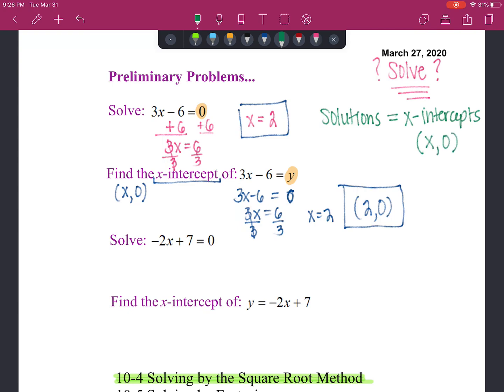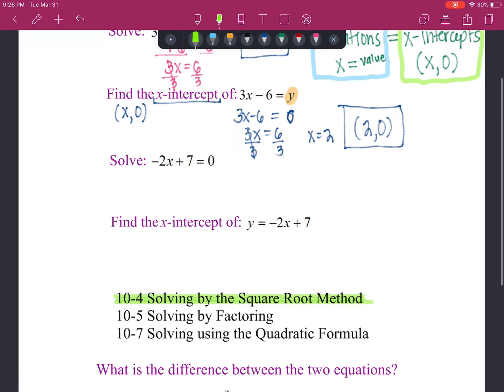The difference is that an x-intercept is written as an ordered pair, and a solution is x equals some value. But the two values for x are the same.